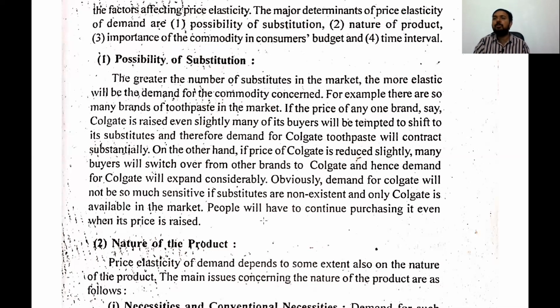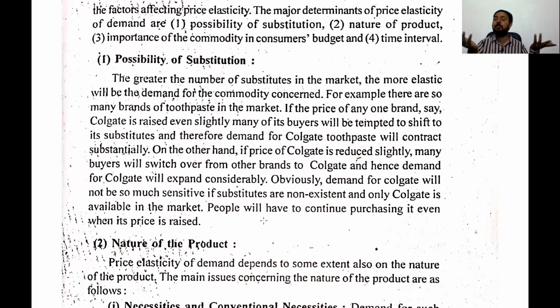So guys, as we know, we do have many options for toothpaste. We do have Colgate, Pepsodent, Patanjali, Dabur, and many other toothpaste brands available in the market. So when the price of any one brand is increased, people will switch over to other brands.